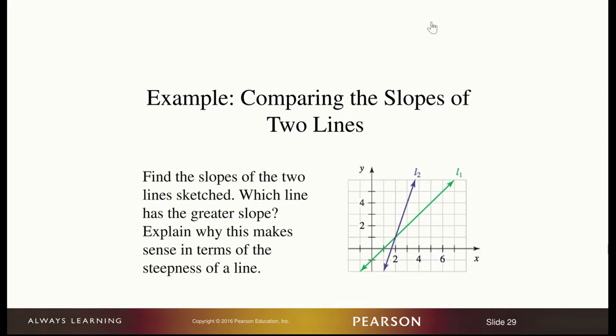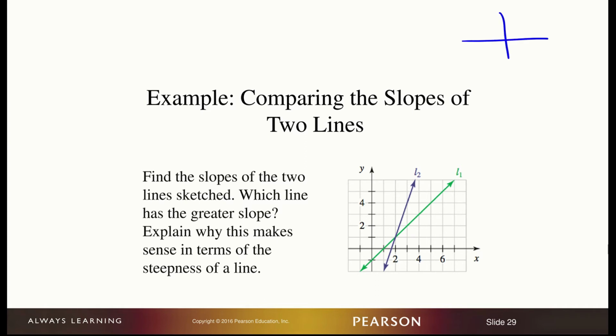One of the things we'd like to be able to tell just by looking at the line is how steep is it, right? So we need some kind of a standard. The actual standard for slopes is the 45-degree line's slope.